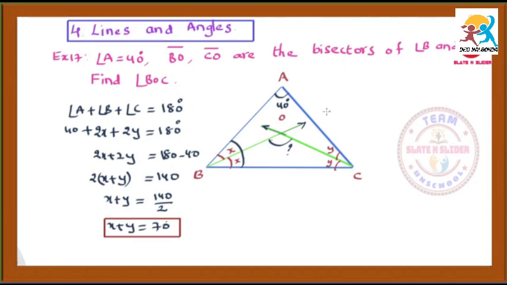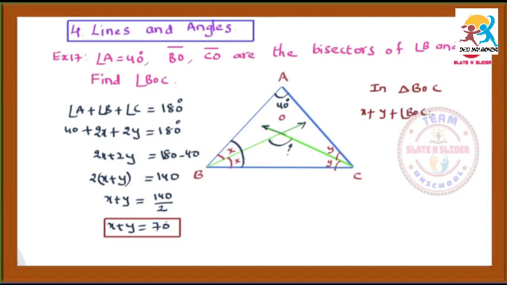After getting this, we just observe the triangle BOC, smaller triangle. So in triangle BOC, this is the triangle. Observe the sum of the three angles of this triangle also 180. So we can write x plus, and this is y plus, and this is angle BOC.